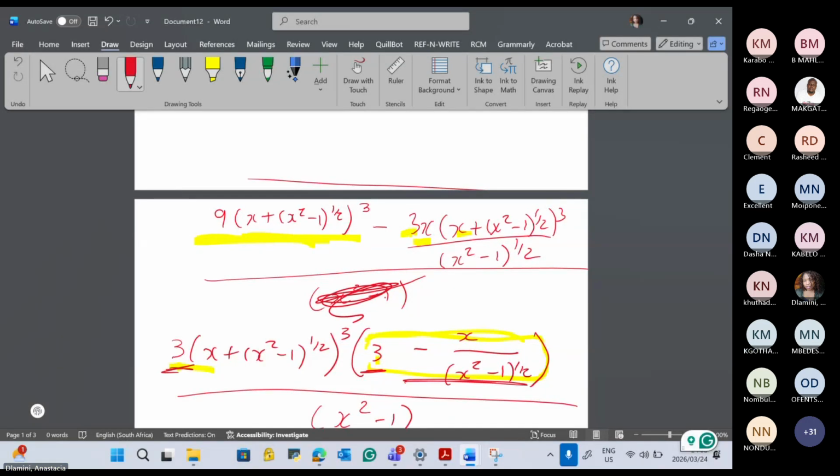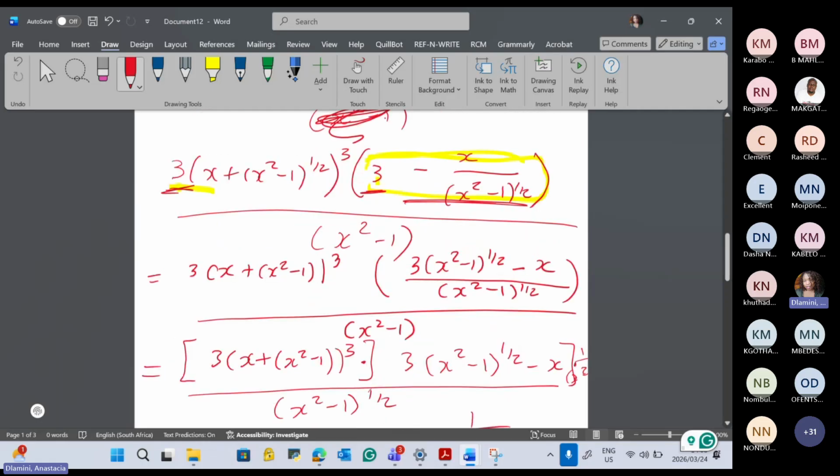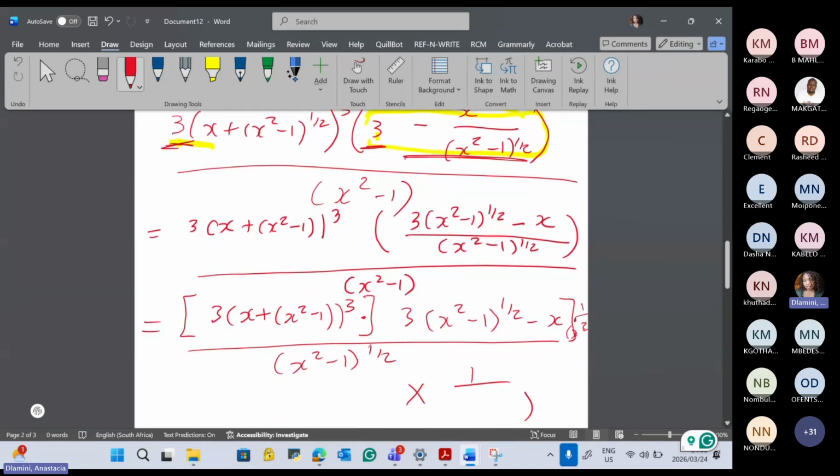Yes. So not always do you have to simplify. That's why I'm saying the more you practice the question, the more you see the tricks of saying, oh, okay, at this point I have to stop, at this point I won't stop. When I got here, I had to multiply inside, so let's go back to the original question.